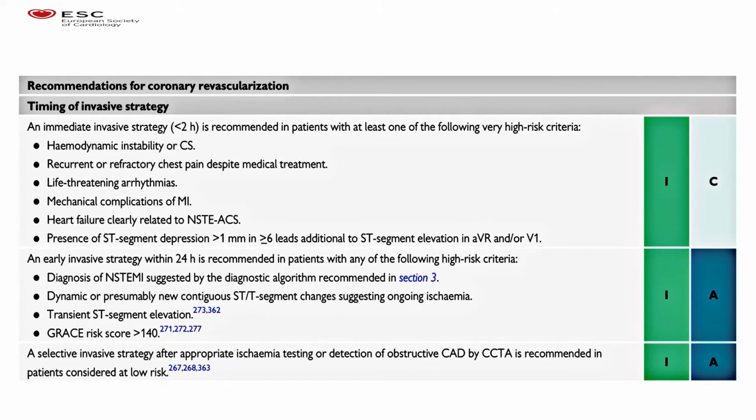Life-threatening arrhythmias. Mechanical complications of MI. Heart failure, clearly related to NSTEACS. Presence of ST segment depression greater than 1 mm in greater than or equal to 6 leads, additional to ST segment elevation in AVR and/or V1.